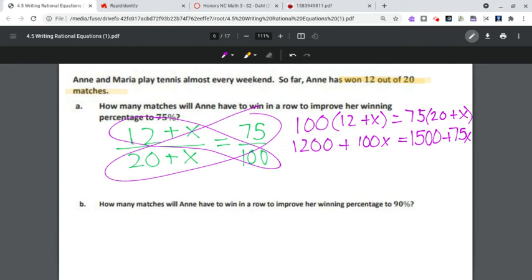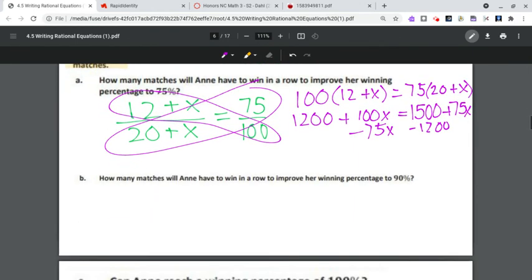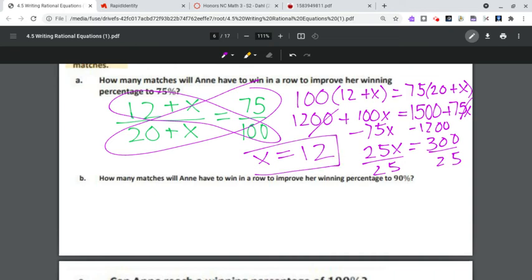Subtract 75X here, subtract 1,200 here, that goes away, and that goes away. 25X equals 300. Divide both sides by 25. X equals 12. Anne will have to win 12 matches in a row to improve her percentage to 75%.